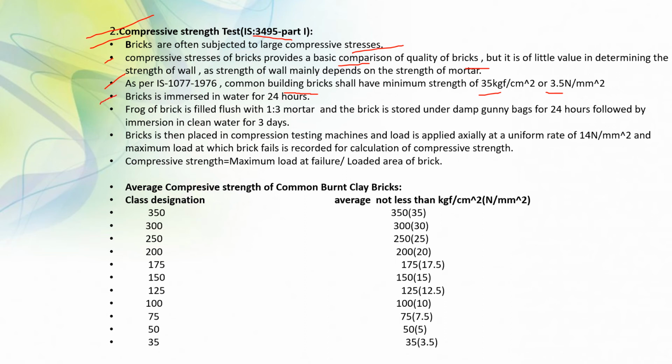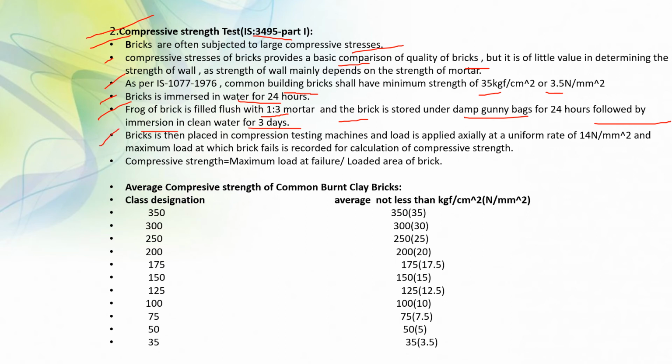Next, the brick is immersed in water for 24 hours. Next, the frog of the brick is filled flush with 1:3 mortar and the brick is stored under damp gunny bags for 24 hours, followed by immersion in clean water for 3 days.